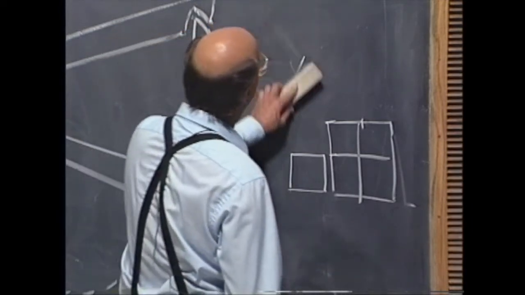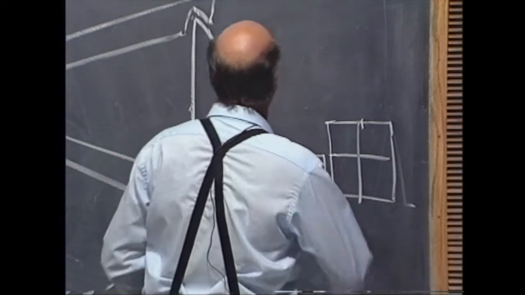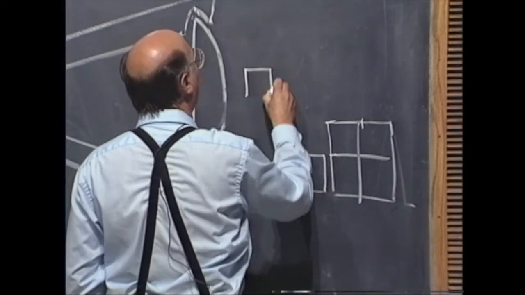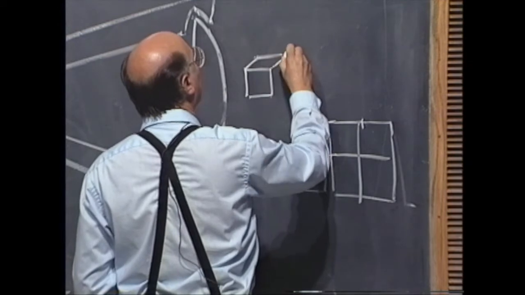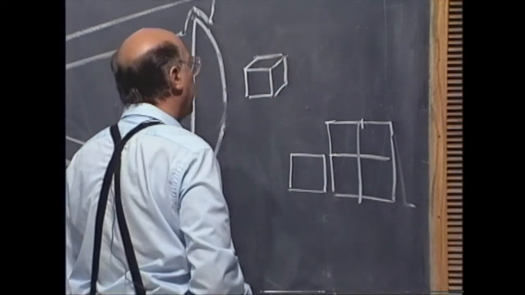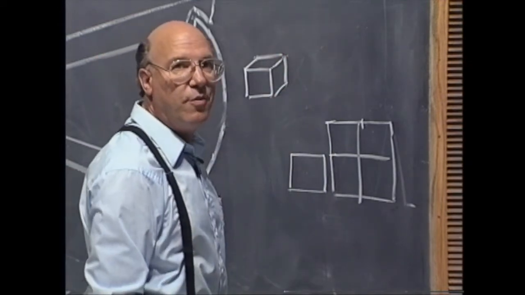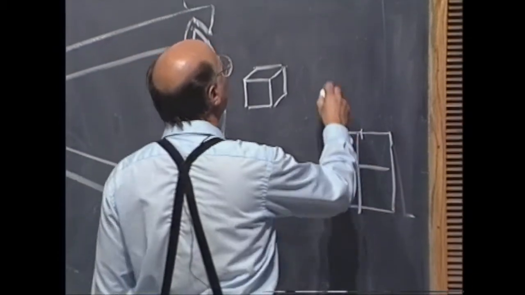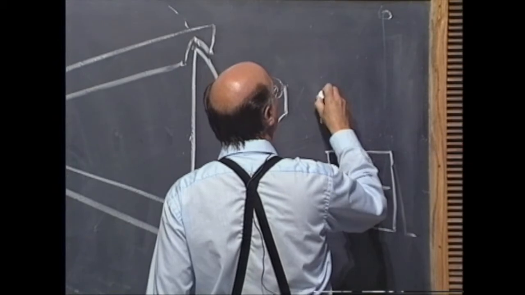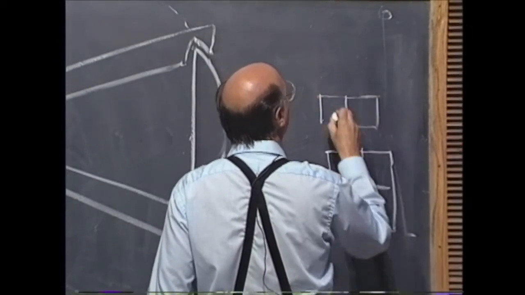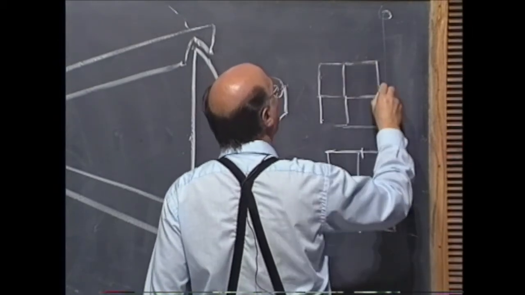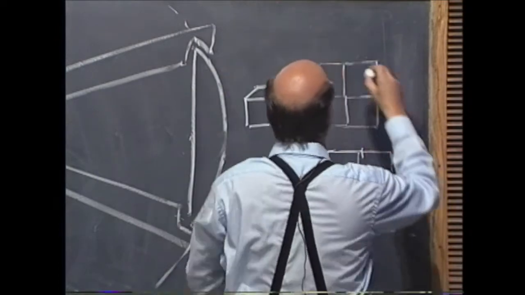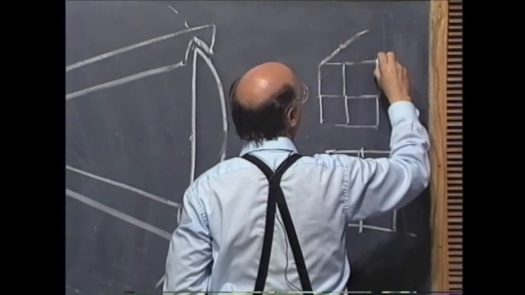You can also play that game in another way. You could say, look, here's a little box that's seen by the naked eye. Now how would the little box look if you saw it through a 2-power telescope? It would be twice as wide, twice as high, and it would also be twice as deep.